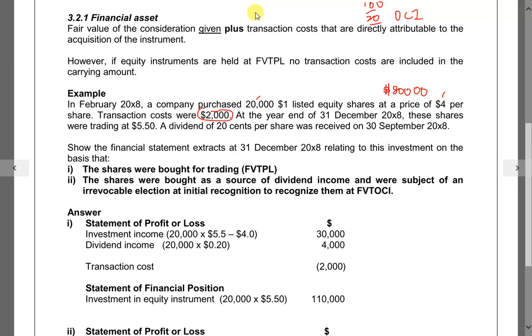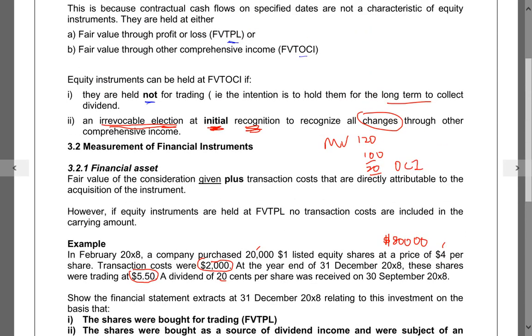At the end, you see February you bought, year end it was traded at 5.50. So the price actually went up from 4 to 5.50. And a dividend of 20 cents per share was also received. No difference in the treatment, whether it is fair value through profit and loss or OCI, dividend confirm income.